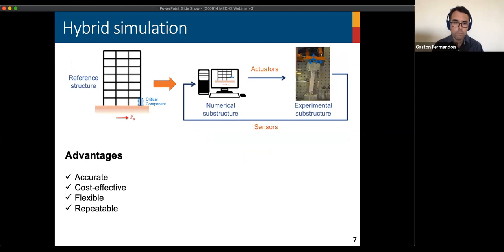The advantages of using hybrid simulation: it is very accurate compared to shake table tests in order to impose dynamic loading, it is quite cost effective, and it's flexible and repeatable. We can have one reference structure, and if we want to study the reliability of a particular experimental substructure, we can implement multiple of those experiments to run that assessment.